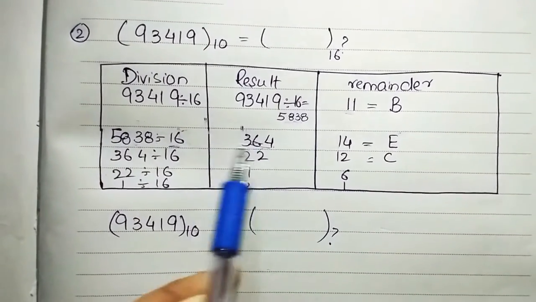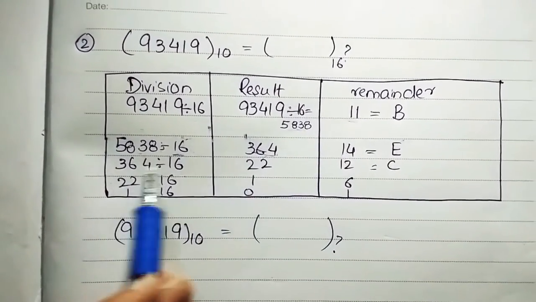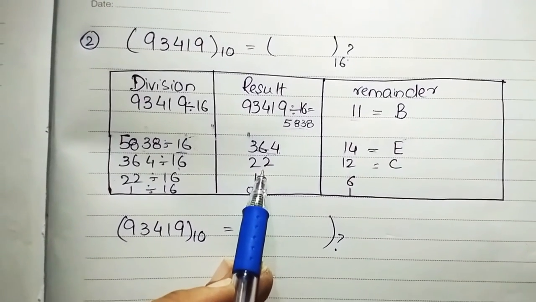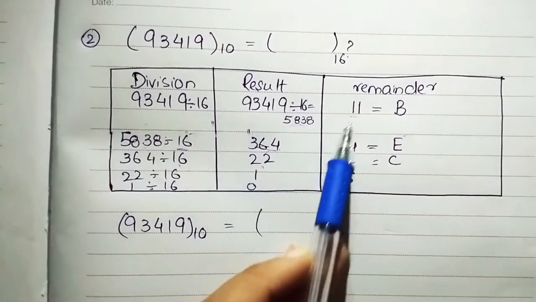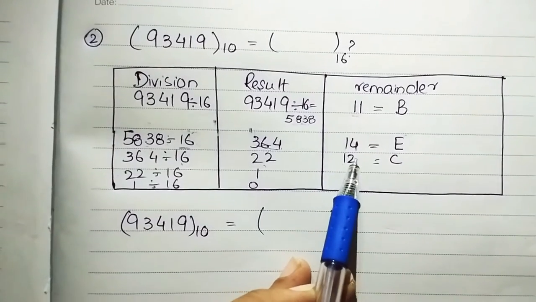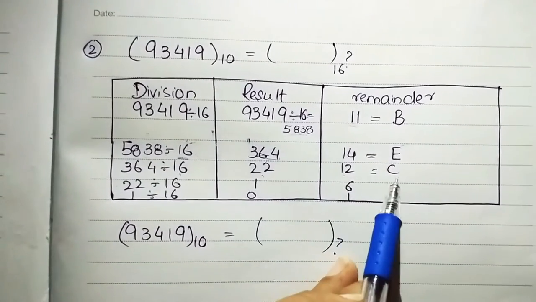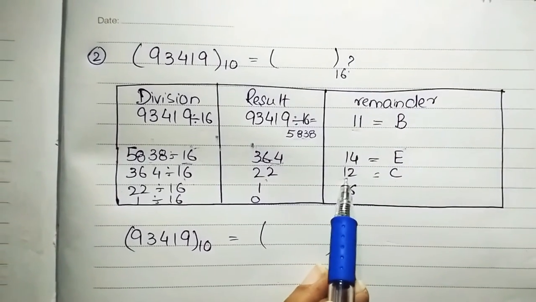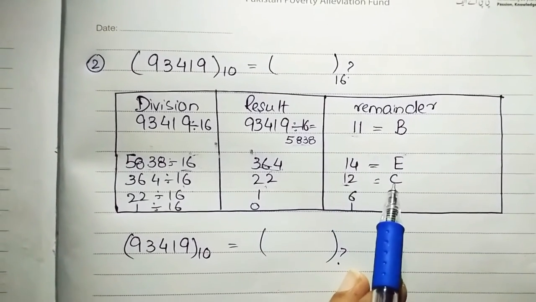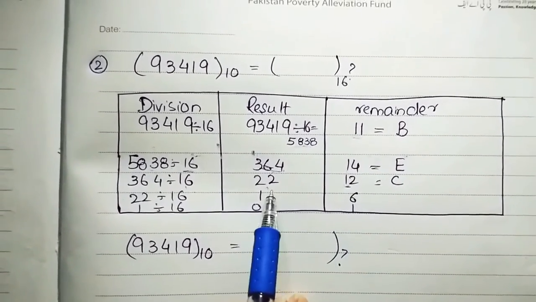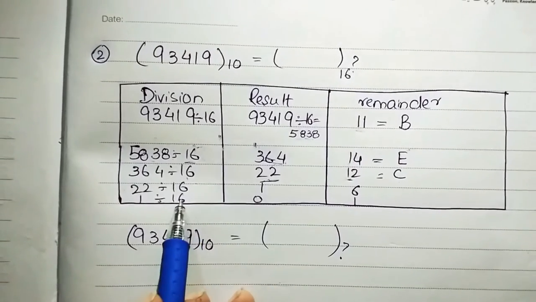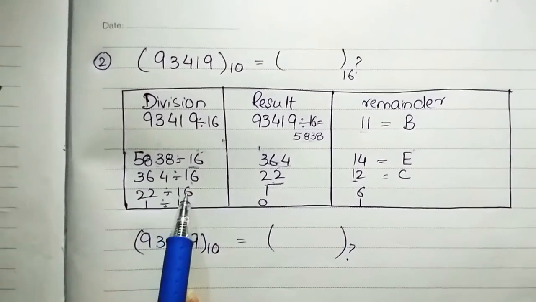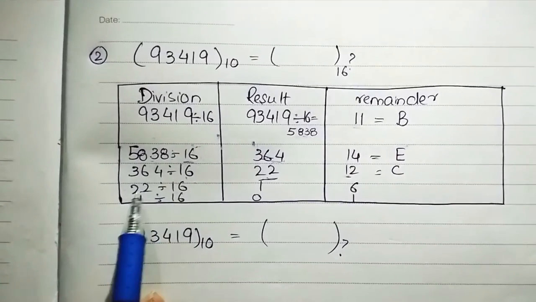Now this number will again be divided by 16. Now we will get 22 as a result and the remainder will be 12. The 12 is equal to C in hexadecimal. So we will not write 12, but instead we will write C. Now again this 22 will be divided by 16. Now 16 ones are 16.